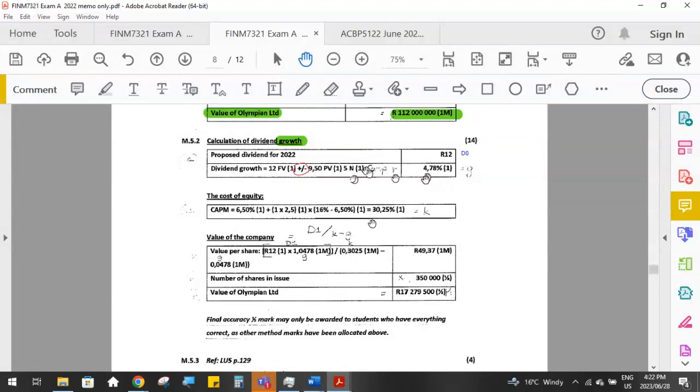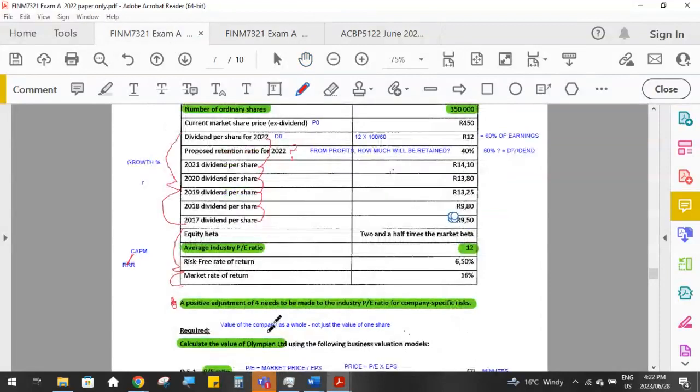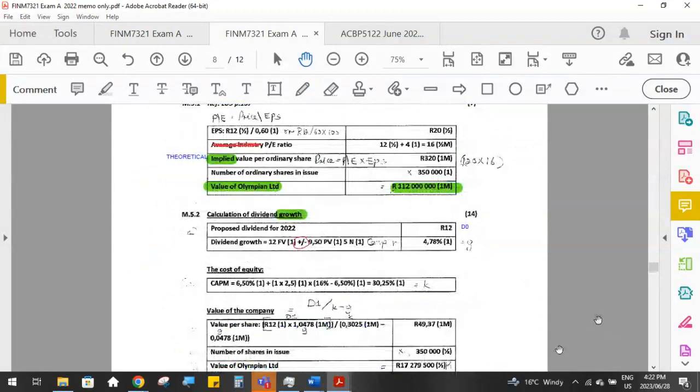So if you don't have a financial calculator, make sure you have memorized a method for calculating a growth rate if you are given a set of values over a number of years. So we know that the growth rate is 4.78.